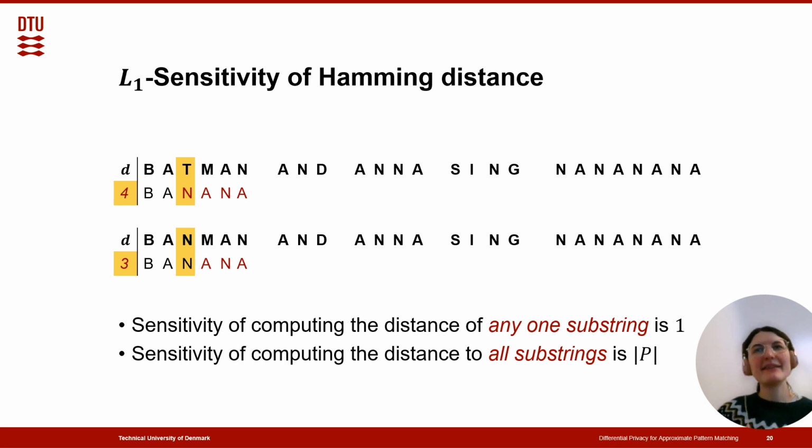However, while the sensitivity of computing the Hamming distance between one substring of S and P is 1, the sensitivity of computing the Hamming distance between P and all substrings of S of the same length is as big as the length of P. So this means we cannot use a simple mechanism like the Laplace mechanism immediately to solve this problem.